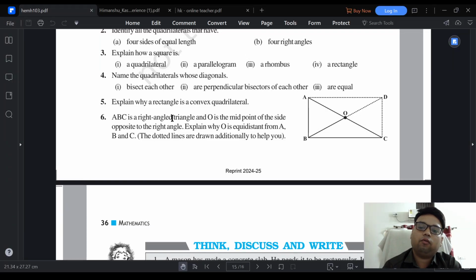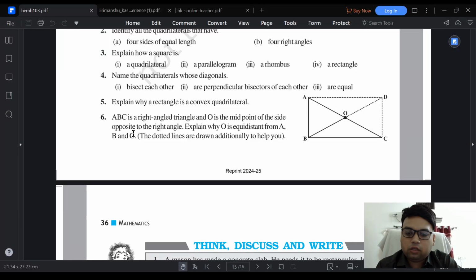Now moving forward to question number 5: why is a rectangle a convex quadrilateral? Because in a rectangle there are two diagonals, and both diagonals lie interior to the rectangle, that's why it is convex.